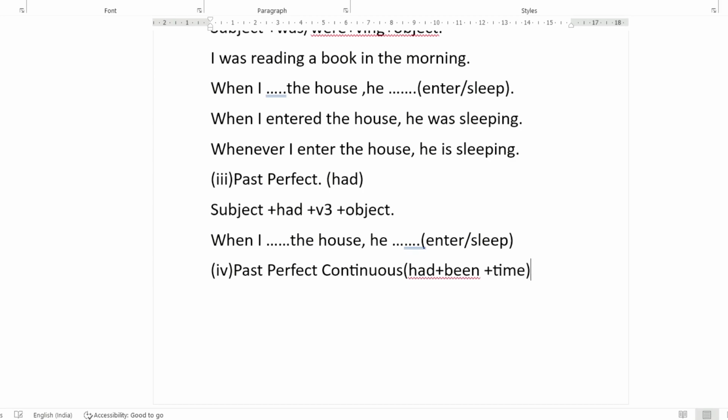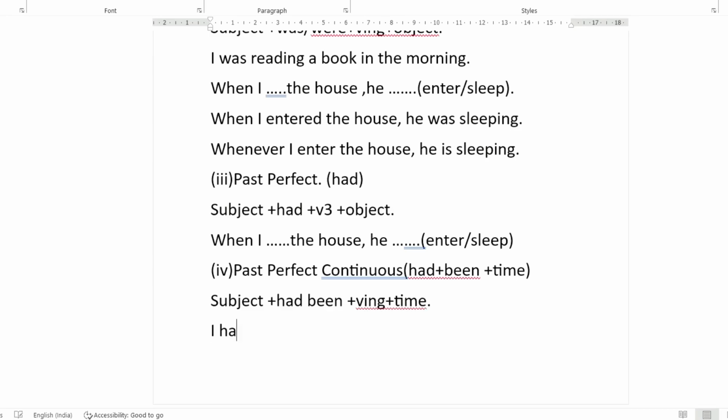Okay, so this type of sentence will have subject plus had plus been plus VING, and there will be a mention of time. So what do I mean by past perfect continuous? There will be a verb with ing, had been, and definitely there will be a mention of time.